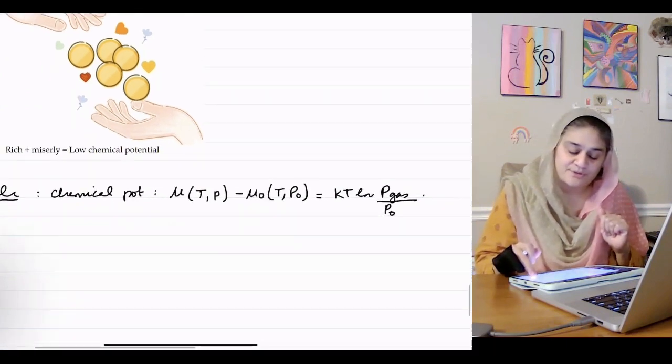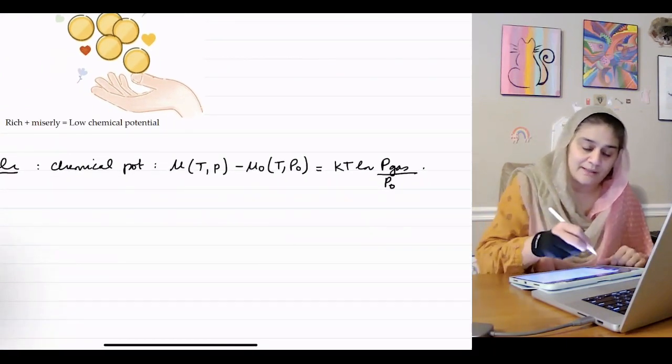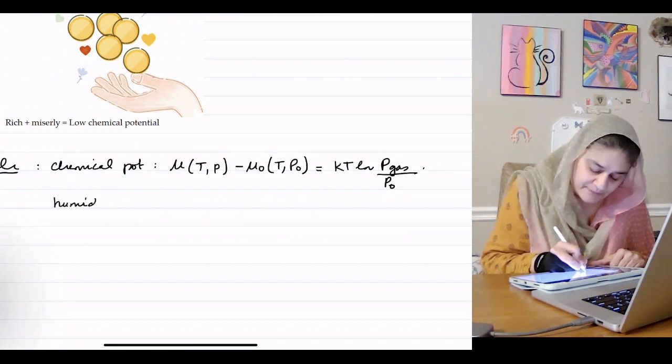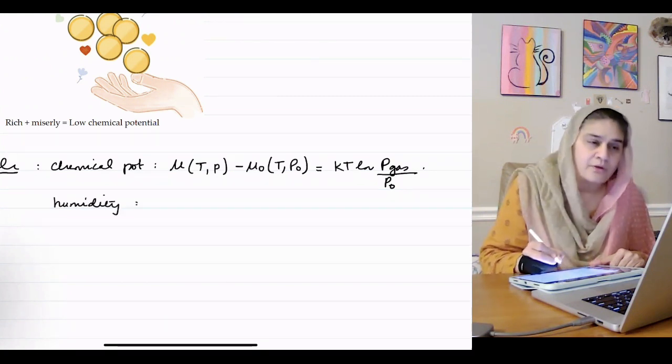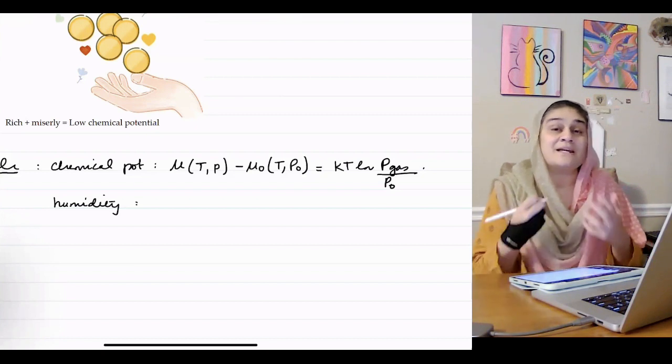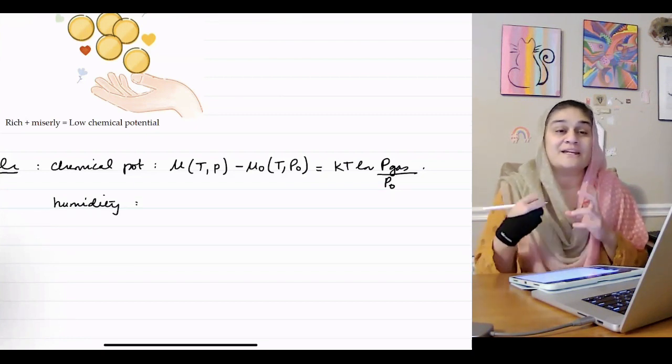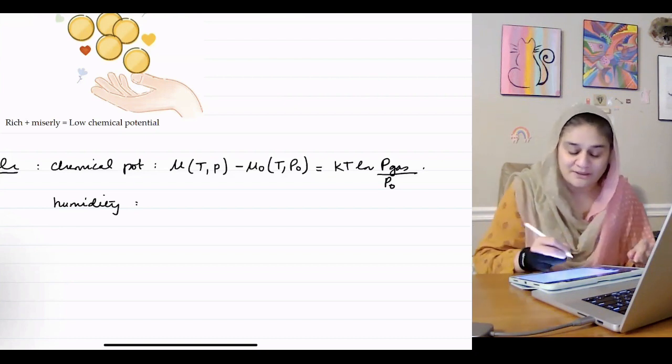Other examples may include things like humidity, where humidity is the tendency of an atmosphere to give water molecules, hence the chemical potential of water molecules.